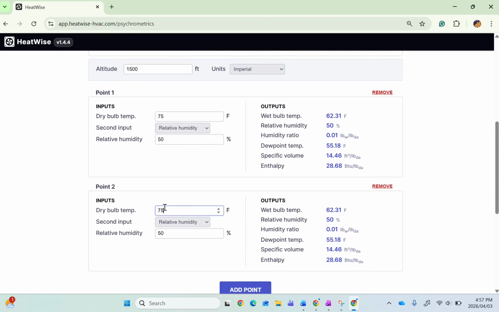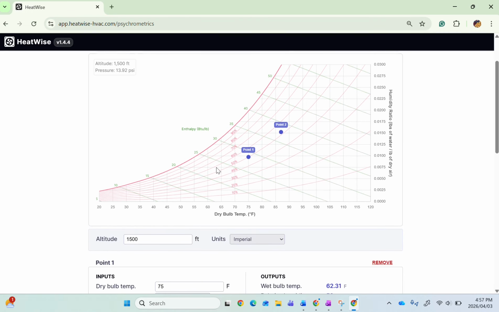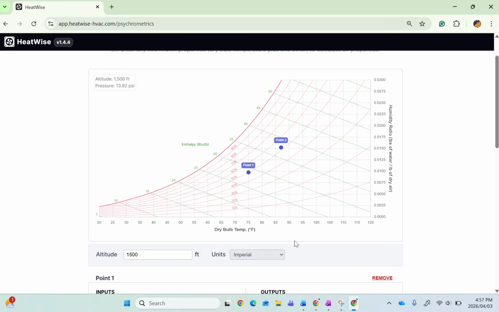Then we're just going to add a point, and this will be our outdoor air at 87, 73. So we have our 2 points here, and as you can see, we can pull all of our psychrometric data from this online calculator. We will use these values here to populate the rest of the data that we need.